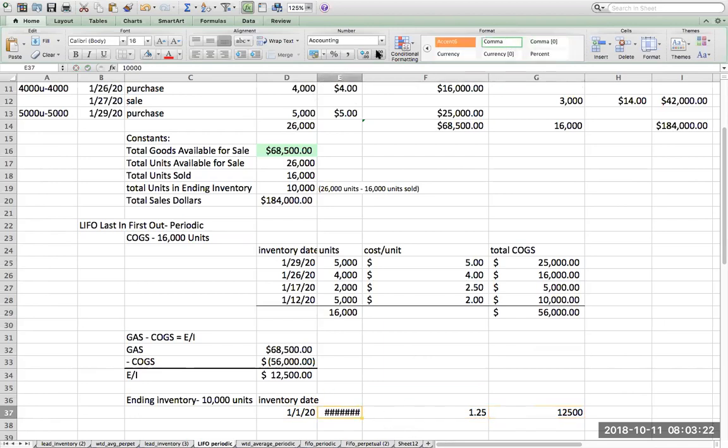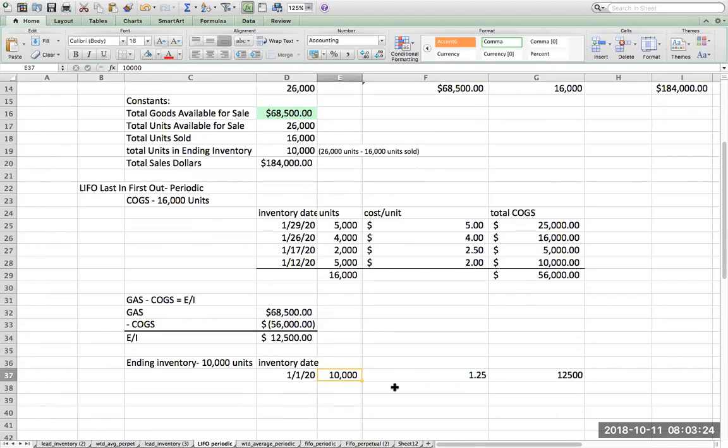And once I've looked at this, I can say, okay, 10,000 units remaining in my ending inventory, and that has a dollar value of 12,500.